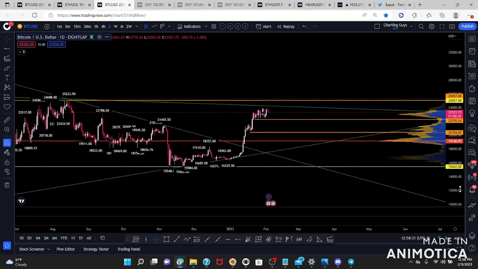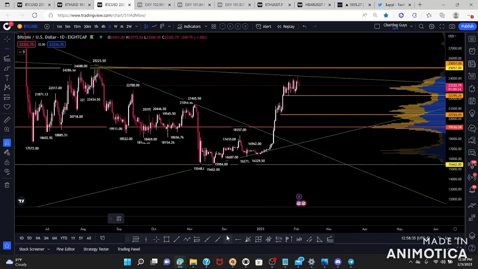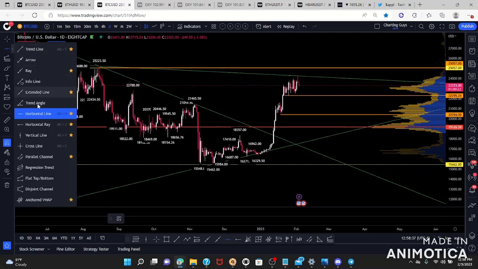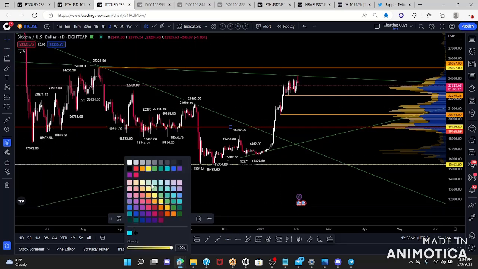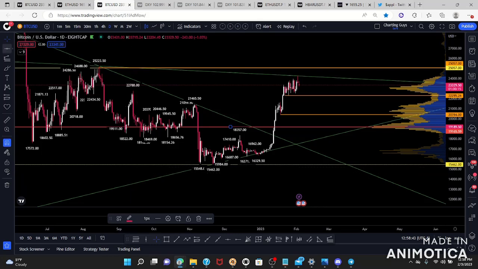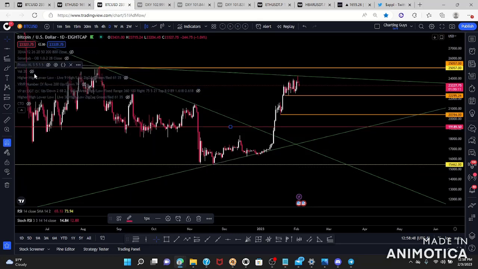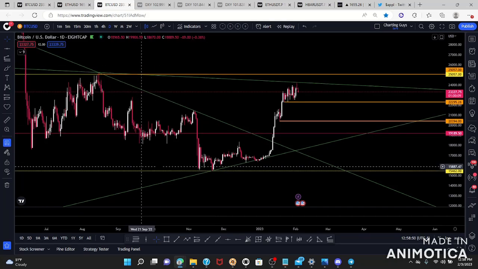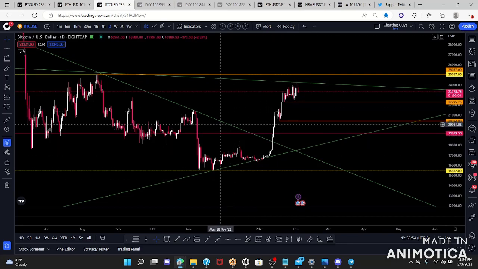So within the daily, go ahead and turn it on and mark it. I like to use, again, my horizontal line. Just go ahead and mark it. Let me change the color. Turn off the indicator. Okay, so I have my point of control, my trend lines, my daily range.